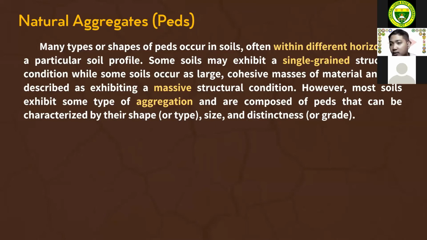So that is considered also as structureless, which is what we call the massive structural condition. Then there are structures that have different shapes, different in terms of size, shape, and distinctness. Yun yung ating mga structured na tinatawag.